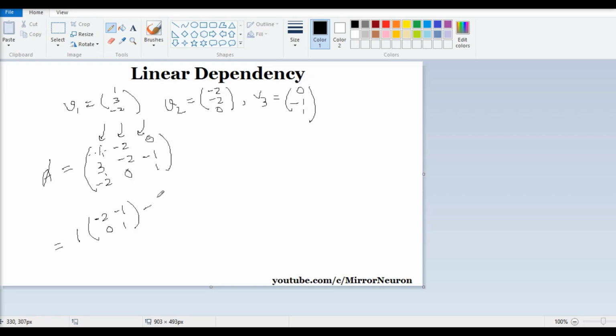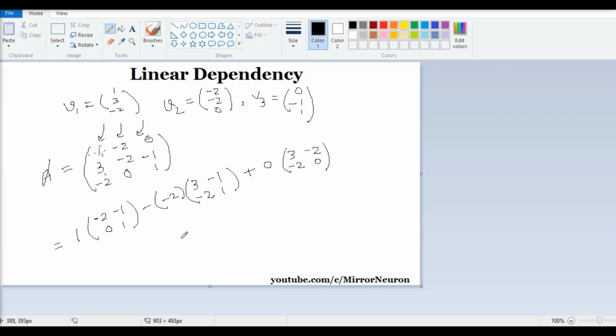Then I flip the sign and take the second column and this first element, which is minus 2, and the remaining elements are 3, minus 1, minus 2, 1. Then I have plus 0 times 3, minus 2, minus 2, 0. I would encourage you to follow along with this example so that you get some practice.